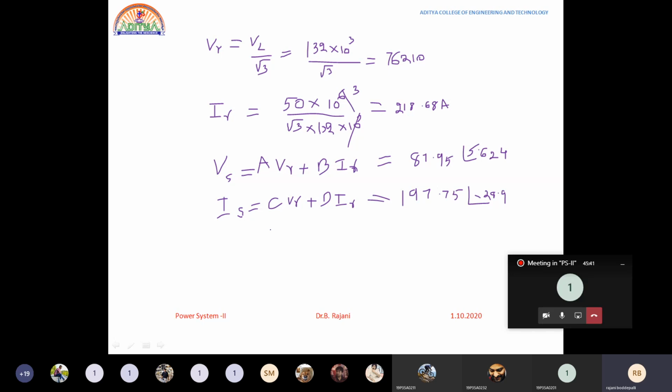Now find the cos of these angles. What is cos phi s? Can anyone of you tell what is cos phi s? Cos phi s is the cosine of the angle between voltage and current, right?